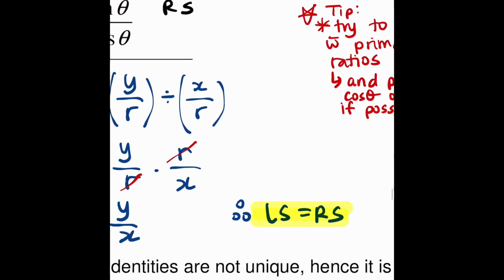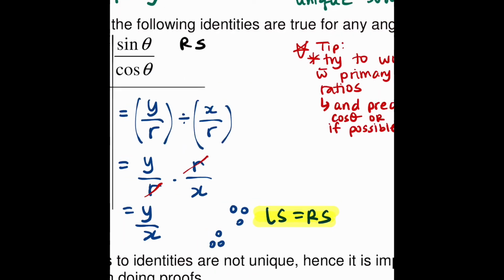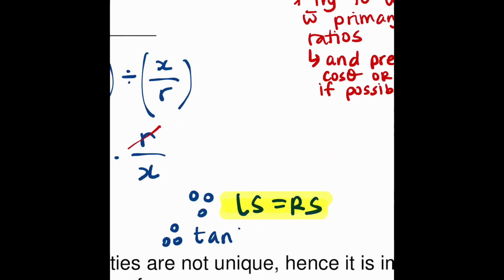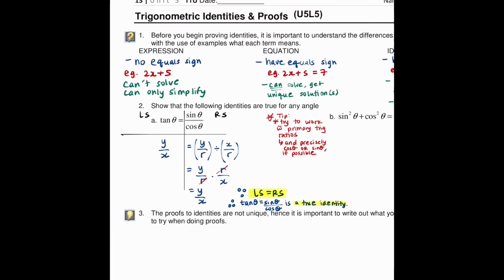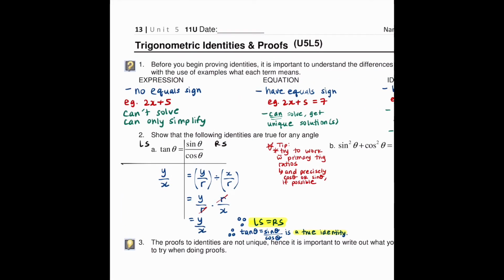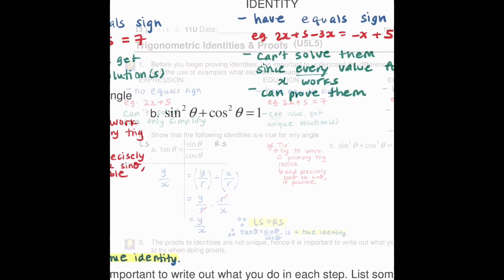For formality, the most accurate way to say this is, since left side equals right side, therefore tan theta equals sine theta divided by cos theta is true. So it's a true identity. You'll often see, therefore, left side equals right side, and that implies that the identity is true.